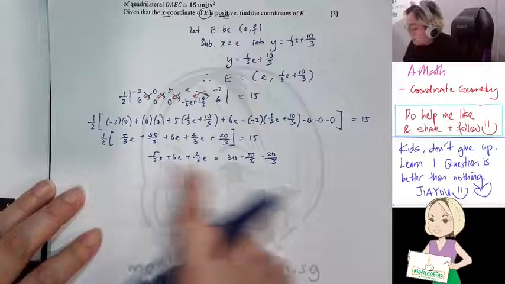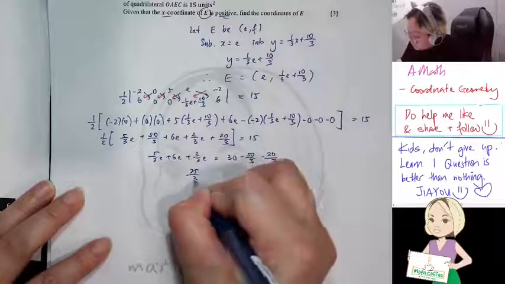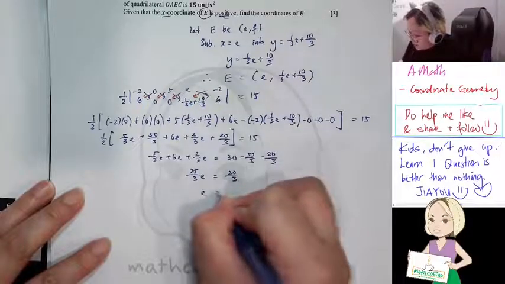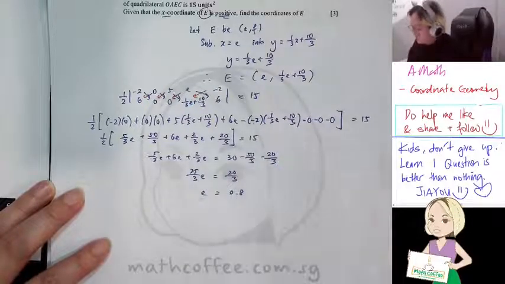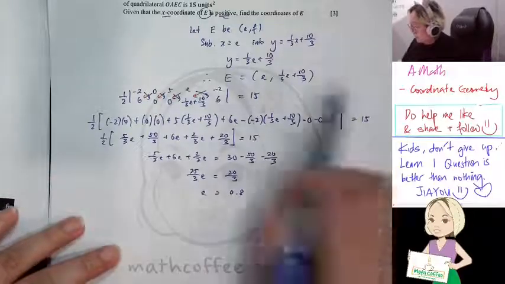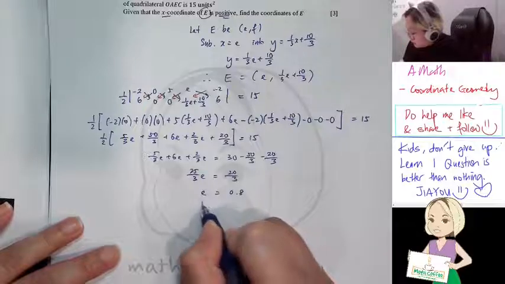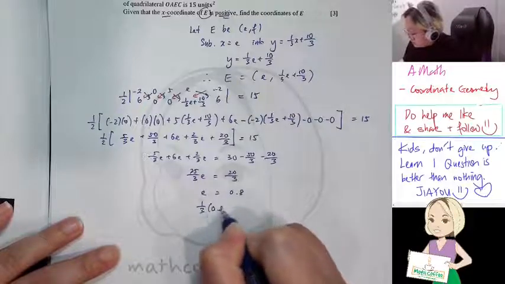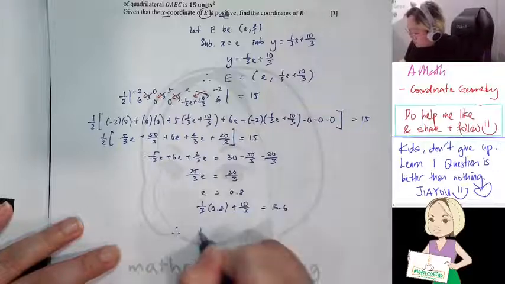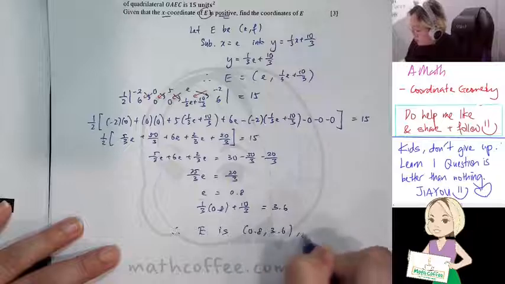Let's press the calculator: 5 thirds plus 6 plus 2 thirds gives us 25 over 3 E equals 20 over 3, and my E will be 0.8. So we solved our E. Don't forget the y coordinate: 1/3 E plus 10 over 3 gives us 3.6. Therefore, my point E is 0.8, 3.6. Done.